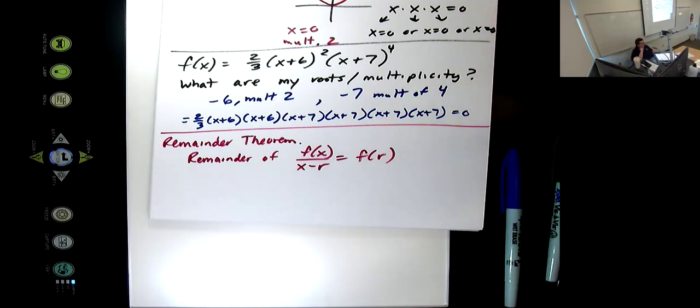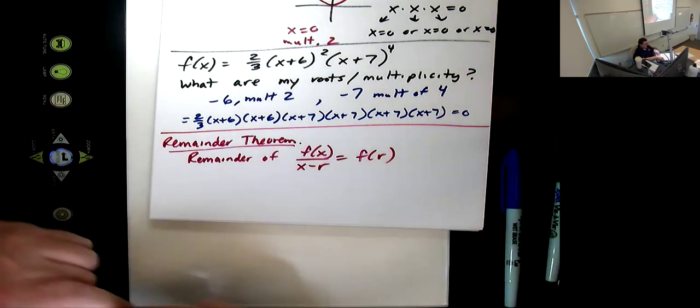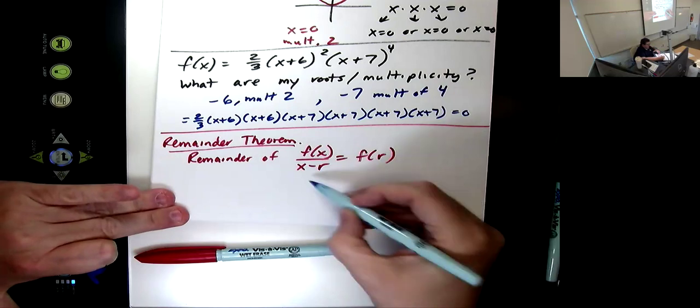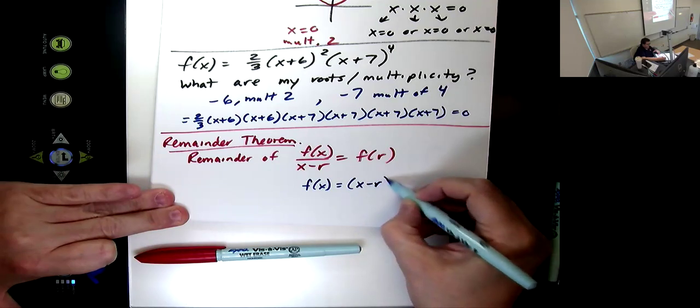If you were here in the last hour, we took advantage of this property. We saw it in action. That's the remainder theorem. If I clear fractions, if I multiply through by x minus r, I could rewrite this as f of x equals x minus r times f of r.